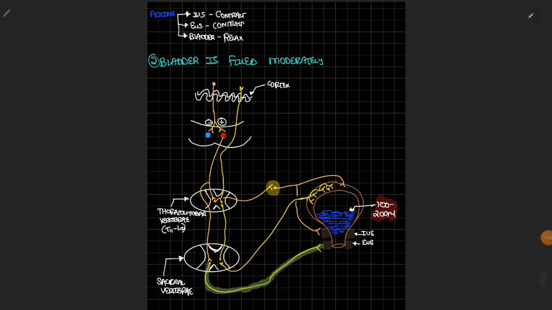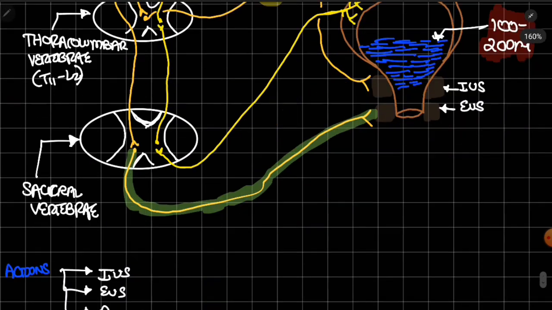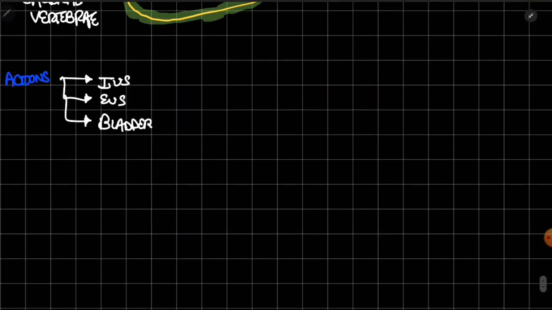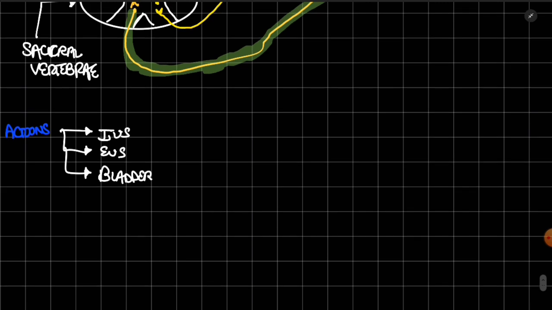Now tell me one thing, if there is a balloon and we do not constrict the end, and it is filled with water and we press the balloon, what will happen? The water will come out.